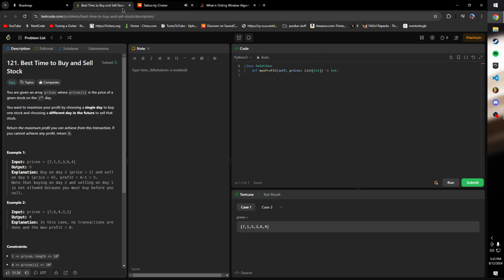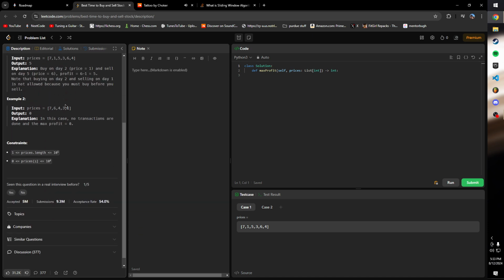Okay, so in this case, I'm trying to do sliding window. Thing is, the window isn't a set size, so how would they do that?